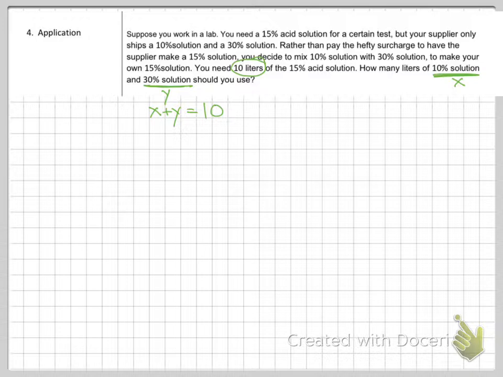So x is my 10% solution, so 10%, 0.1 times however many liters of that solution I have, plus the y represents the 30%, so 0.3 times however many liters of y I have. They want that to equal 15%, so 0.15 times there's 10 liters of that in the end. So this is what our original system of equations looks like.